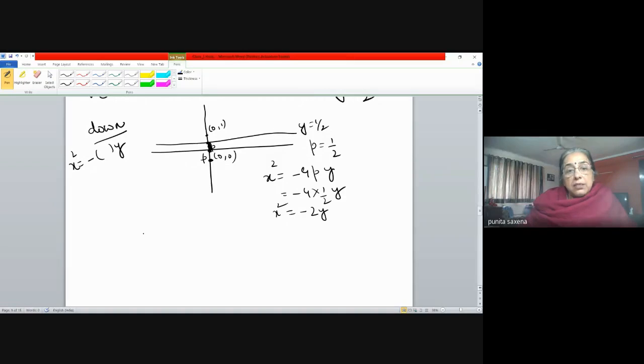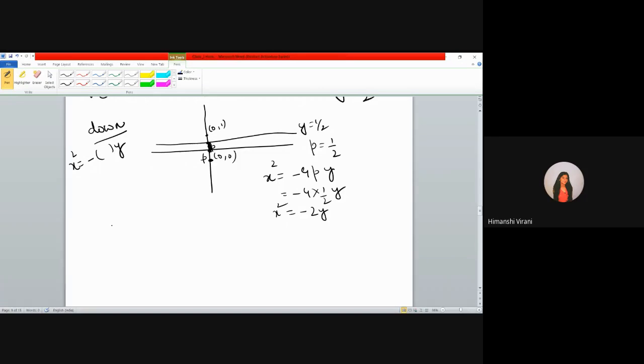हाँ जी बोलो. डायरेक्ट्रिक्स y by 2 था, तो मतलब p और y इक्वल होंगे.